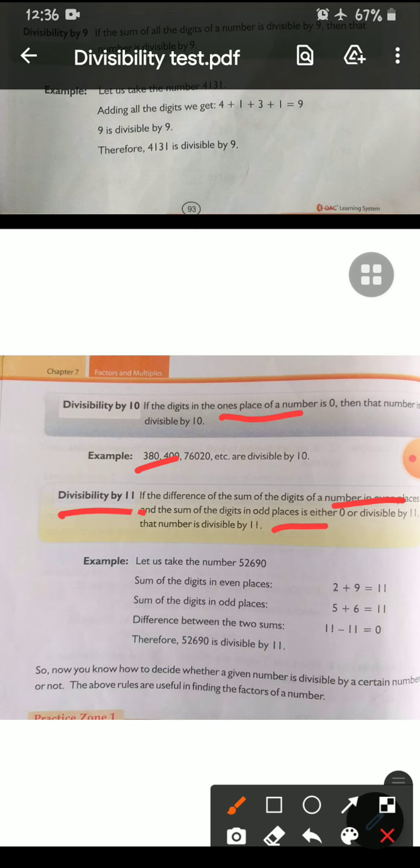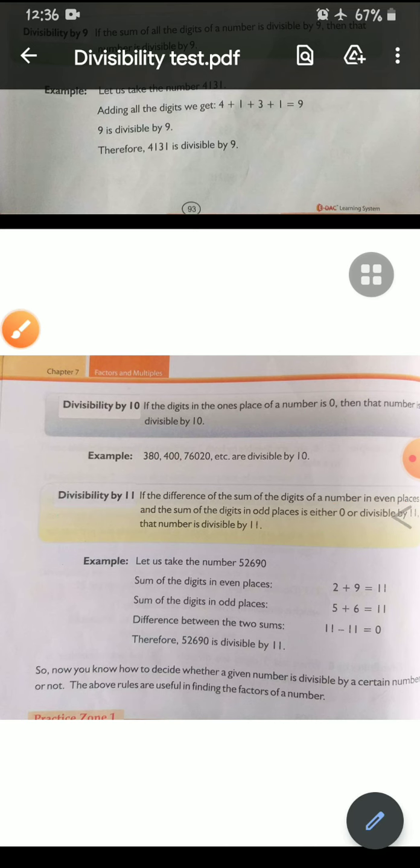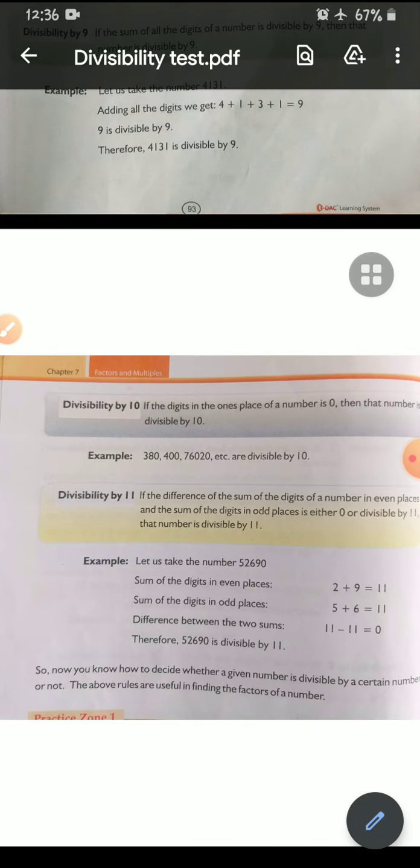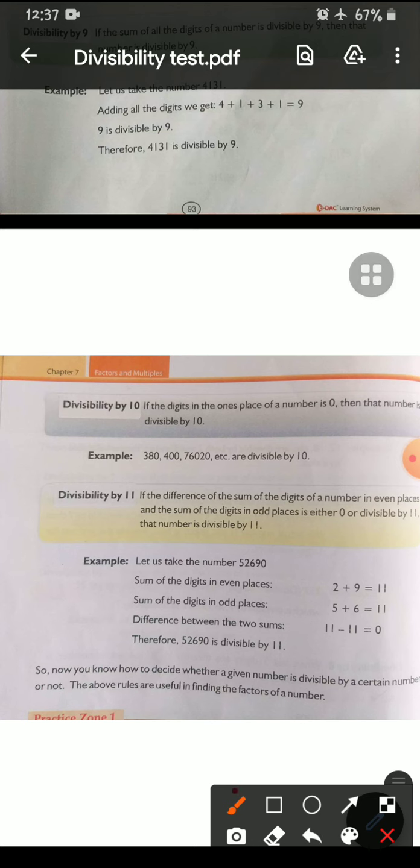After that, you have to subtract the 2 sums, the sum you get from the even places digits and the sum you get from the odd places digits. After that, if you get 0 or a number which is divisible by 11, it means the whole number is divisible by 11.